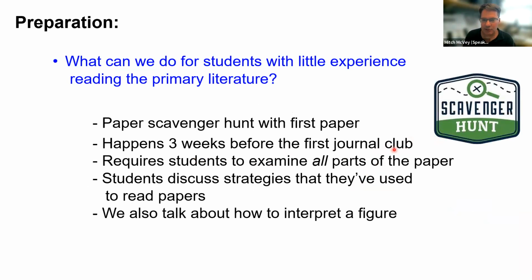After this presentation is over, I'll be happy to post an example of a scavenger hunt that I used last year. And these scavenger hunts require students to examine all parts of the paper, not just the figures, not just the results. We have them look at author bylines, we have them look at funding sources, we have them look at acknowledgements, just to show them all of the parts that go into a publication such as this and all the different places where they could find information.